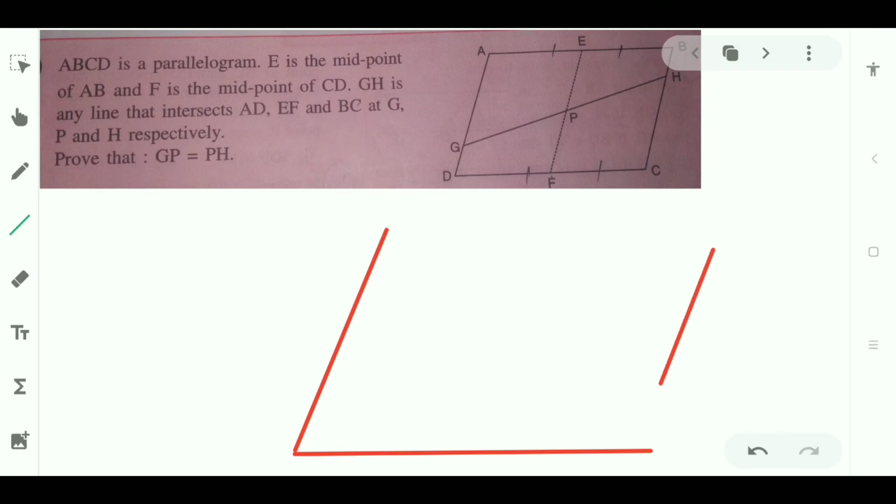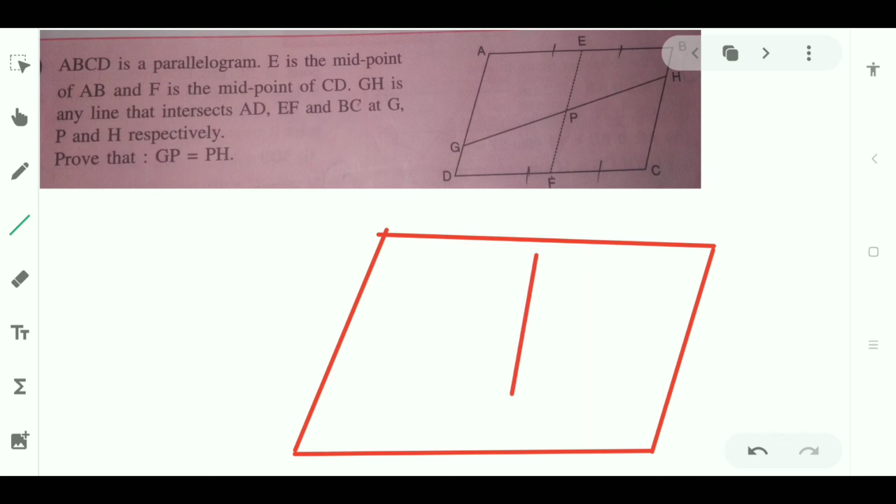This is a parallelogram and a line is drawn in between like this, and here also this line is a construction. We have to draw this construction line, and we have this line equal.